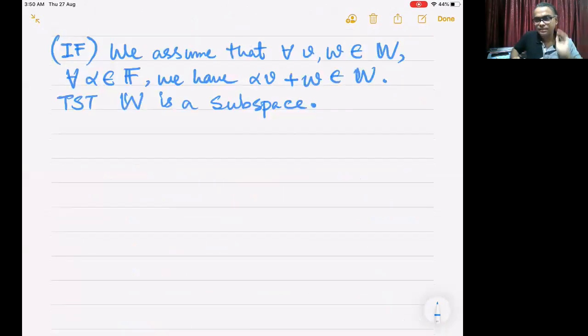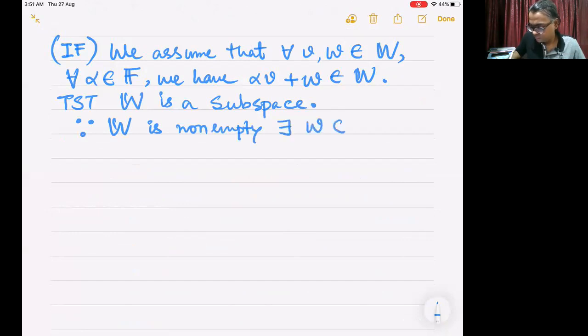We'll go by like this. First, we'll check the following. Since W is non-empty, there exists a W in W, because non-empty means at least one element will be there.